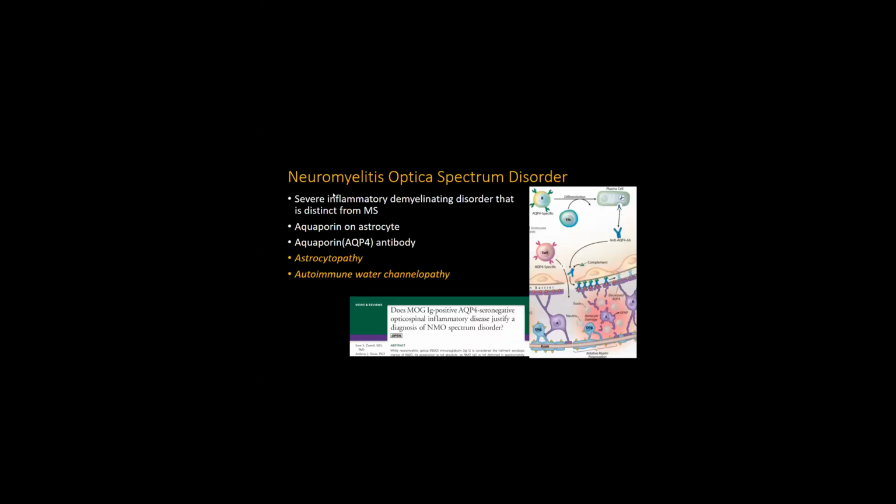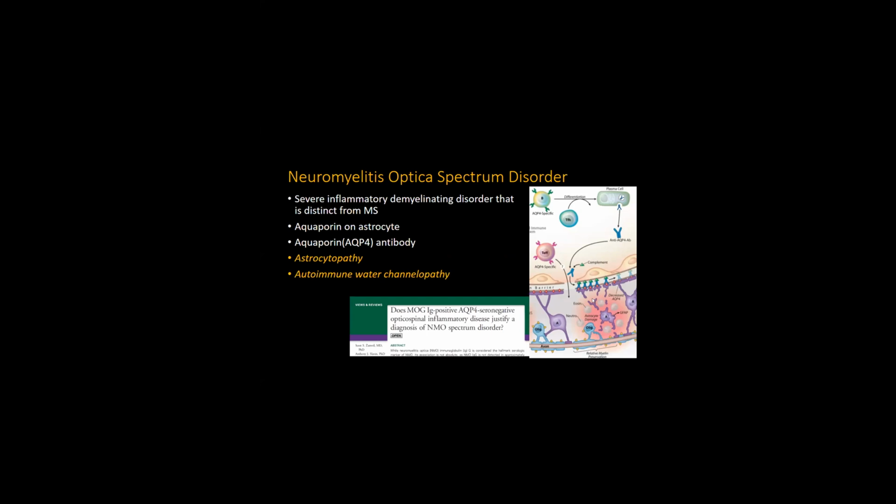So let's go to neuromyelitis optica spectrum disorder. This is a severe inflammatory demyelinating disorder, which is distinct from MS. NMO spectrum disorder is basically an astrocytopathy. Basically what you see is antibodies against the aquaporin 4 channels, which are populated along the astrocytic foot processes.